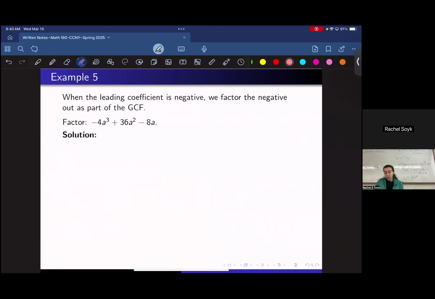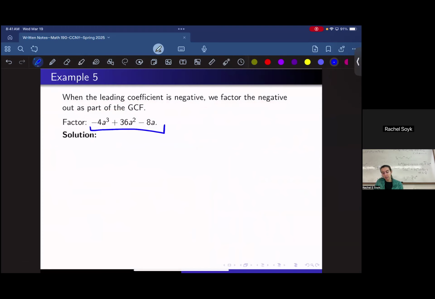So example 5, I'll read this part. When the leading coefficient is negative, we want to factor out that negative as part of the GCF. That way, if we don't have that prime trinomial and we're able to factor it, it makes it a little bit easier for us. So now let's take a look at this example, negative 4a cubed plus 36a squared minus 8a.